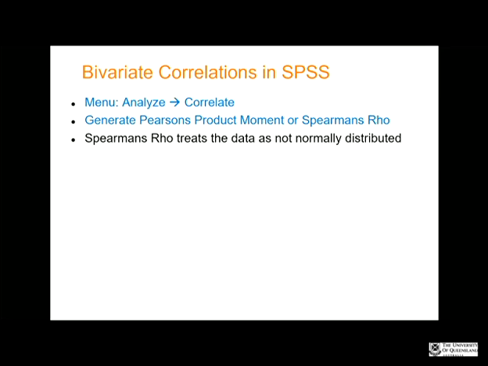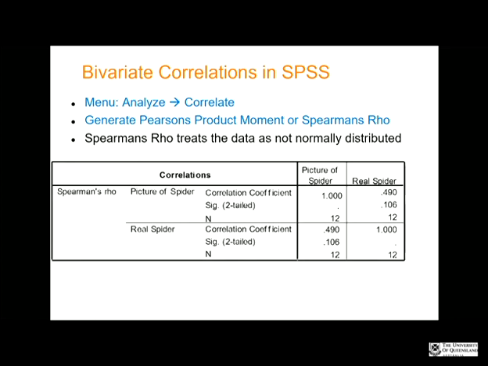Okay, Spearman's rho, again, remember I was saying there's a lot of tests in stats that are quite similar. It's similar, but it's treating the data as if it's not normally distributed. So it basically ranks the data, and so it's not as powerful a statistical test. So if you were to do it there with the Spearman's rho, you can see that there's 12. You can see that the R value up here is 0.49, and you can see here that the p-value is 0.1, okay?